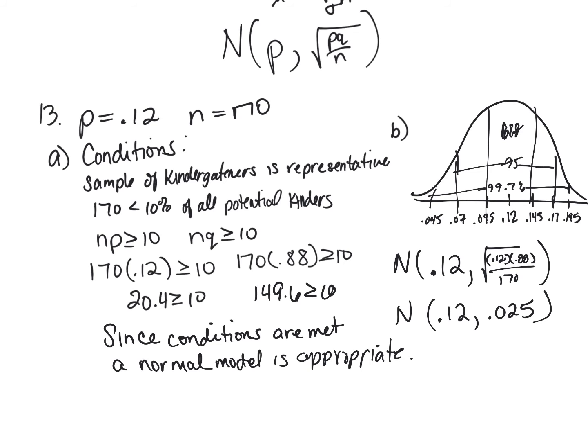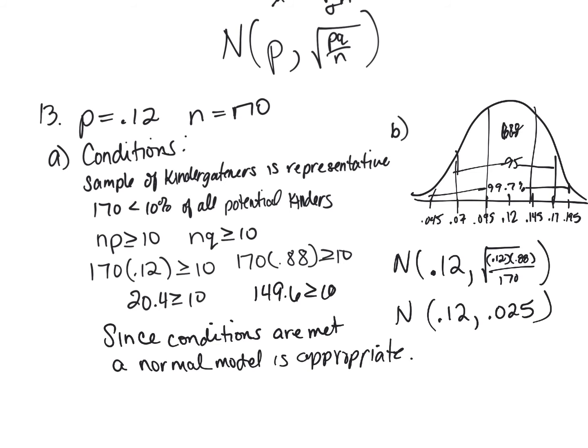So, next question. How many of the incoming students might the school expect to be nearsighted? Well, on average, we expect 20.4. That's your np, right?